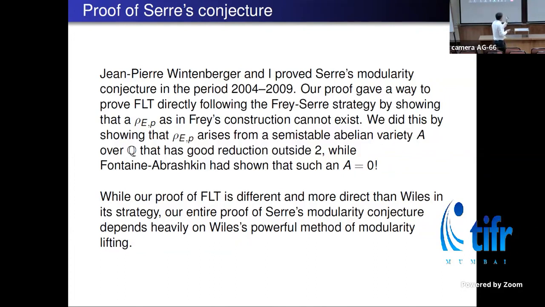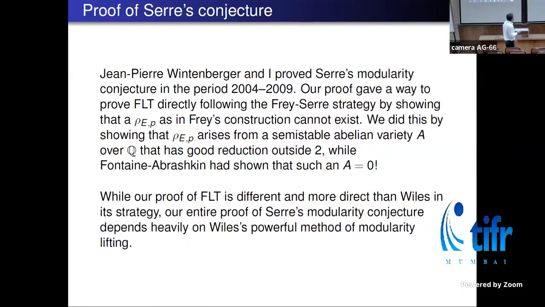On the other hand, the conductor of the mod p representation is degenerated, right? From whatever some very large thing to 2. So one could try and say that this mod p representation should arise from a geometric object like an abelian variety, which reflects the ramification behavior of this mod p representation, right?